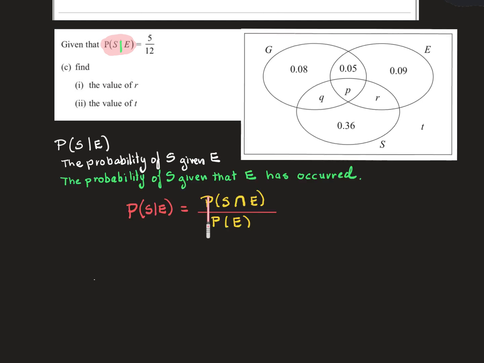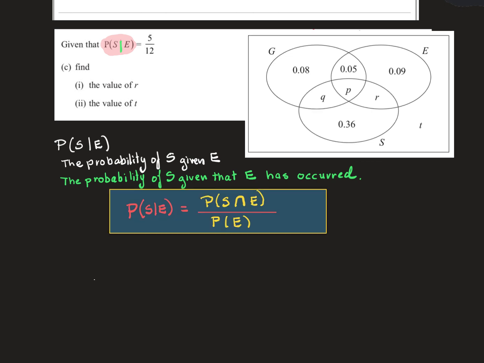It's the probability of S intersection E over the probability of E. And I have to say you actually need to know this formula off by heart, because this is where you get 1 of the marks. I can't stress this highly enough. This is where you get 1 mark to be able to work this problem out.